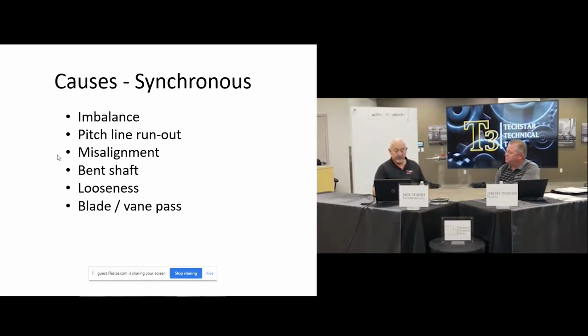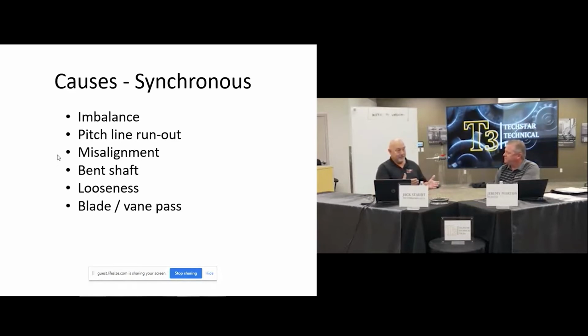Blade and vane pass usually has to do with some type of flow issue. A lot of your vane passes could be engineered that way. Let's say you pulled a pump out that was pumping water, and now you're trying to put in an impeller to pump gasoline, you're going to have all types of issues with it.